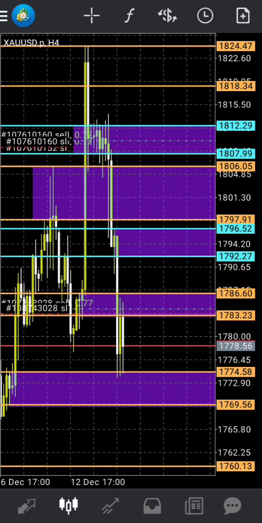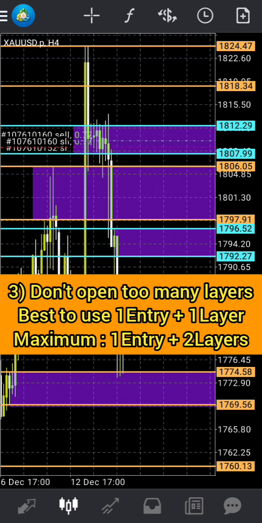Okay, the third thing, never use so many layers, until you understand how to play with layers. So for newbies, I recommend to use 1 entry with 1 layer only. So when you hit SL, only 2.